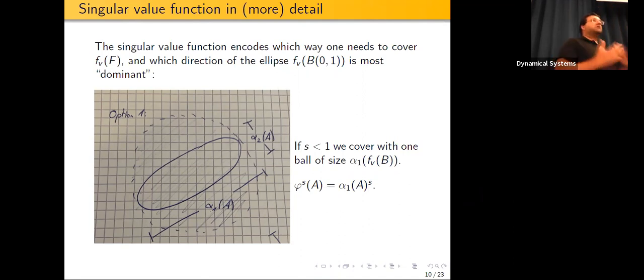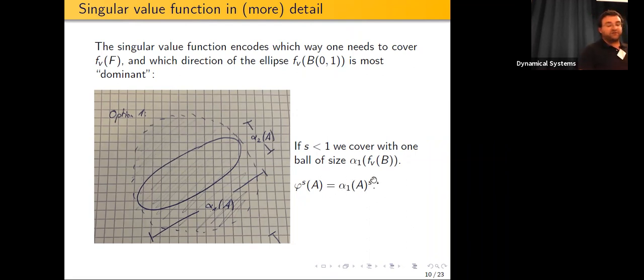There are only a couple of intuitive ways of covering it. The first one would be to chuck a big ball that encapsulates this entire ellipse. In particular, if this s in the singular value function is less than 1, the most efficient way of covering this bit of the set is just this first bit.